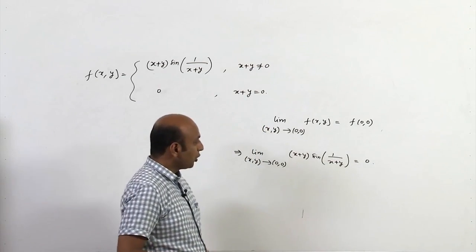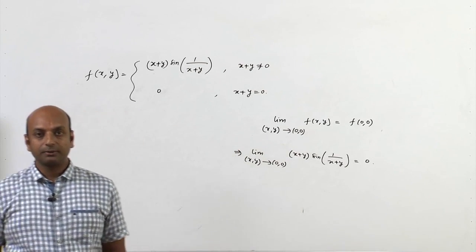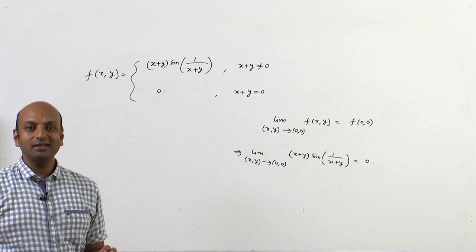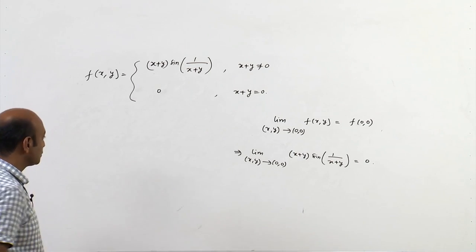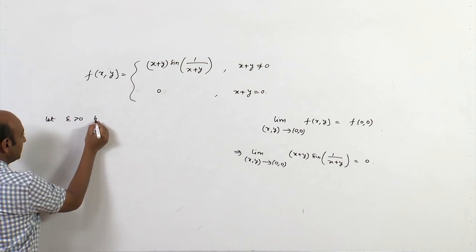In order to prove this, we have to use the delta epsilon definition. The only option is using the delta epsilon definition. So, let epsilon greater than 0 be given.